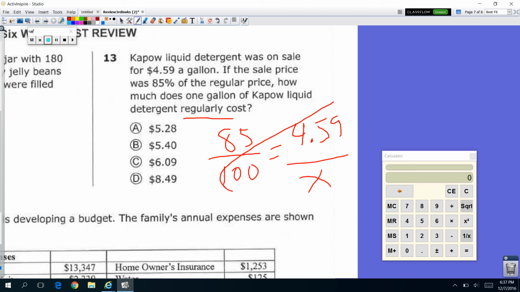So when I multiply those two, I'm going to have 459. Okay, and then I divide it by 85, and I'm going to use the calculator. 459 divided by 85, and that gives me 5.4, and 5.4 is the same as $5.40. Okay, so that's number 13.